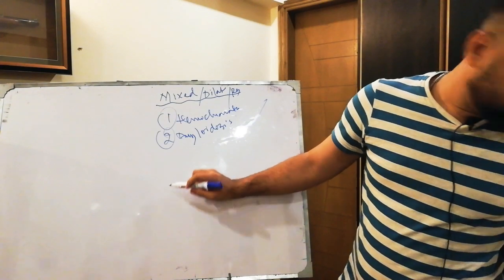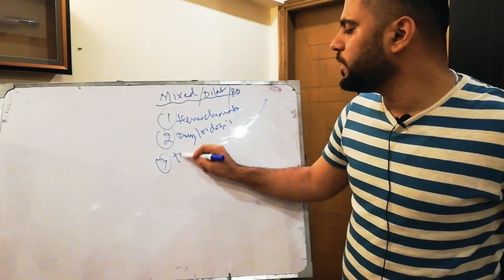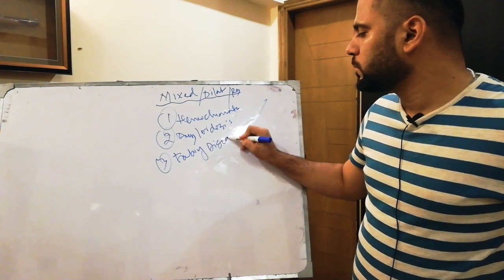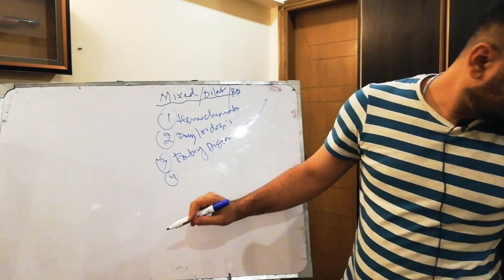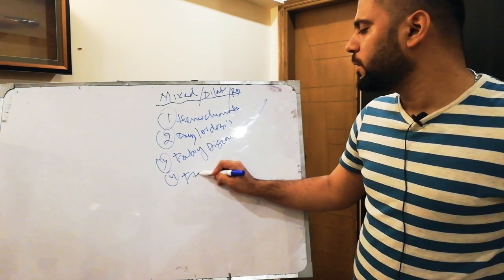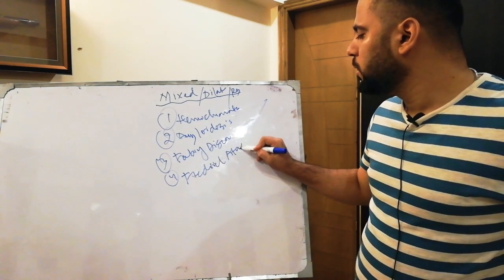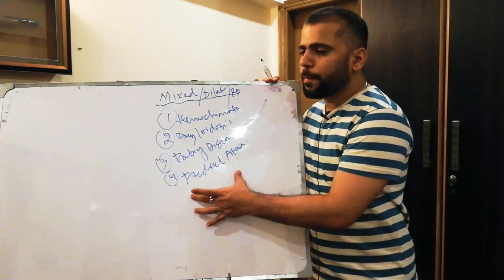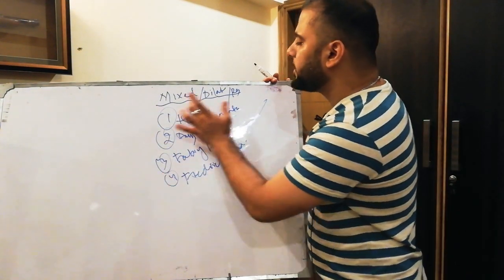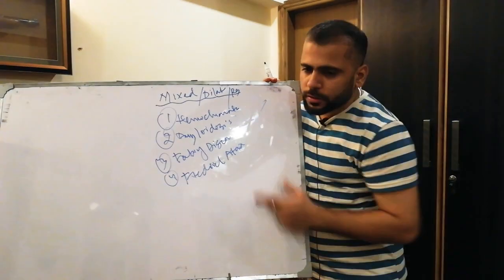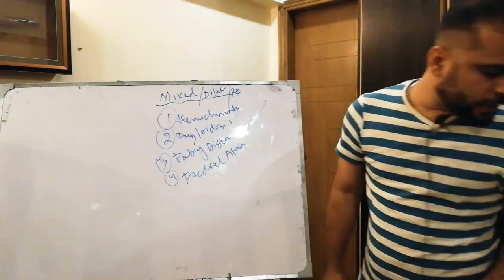Number three is Fabry disease. And number four is Friedreich ataxia. So these are four cardiomyopathies which can present as a dilated as well as a restrictive form.